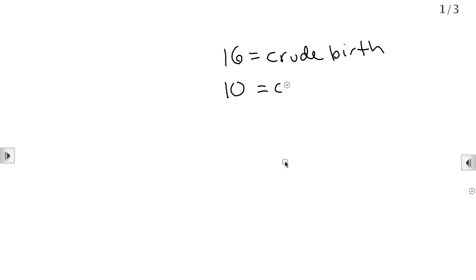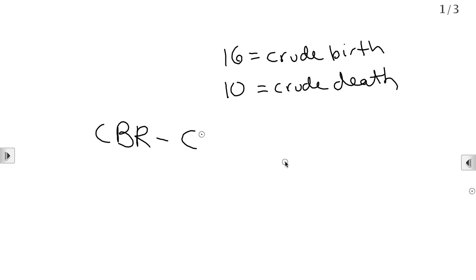On your warm up, I asked you guys to tell me if I had a number per thousand and I wanted to convert it to 100, what to do. So let me show you something. If I wanted to find the growth rate here, I would still do crude birth rate. CBR means crude birth rate. Minus crude death rate. So 16 minus 10. So that's 6 per thousand.